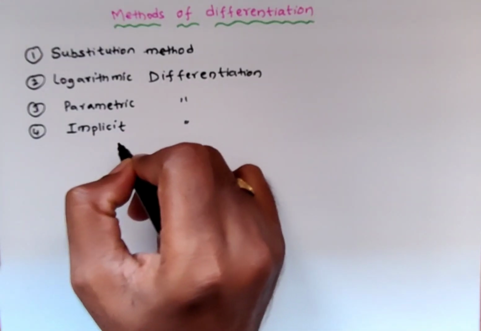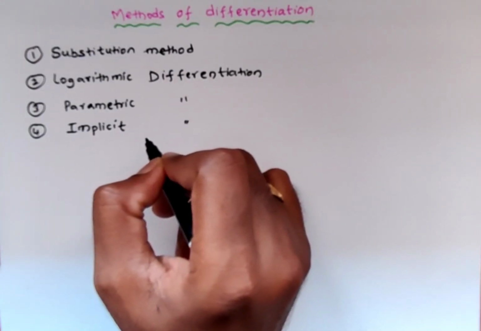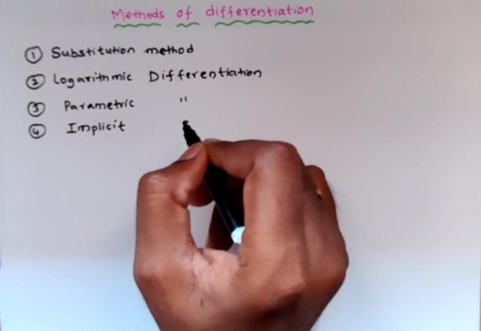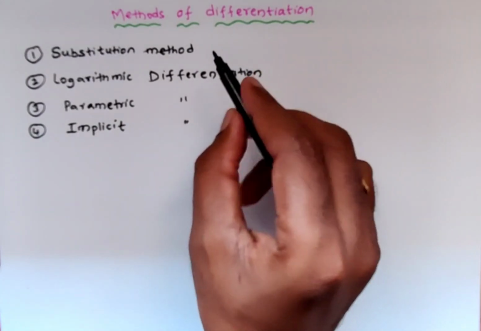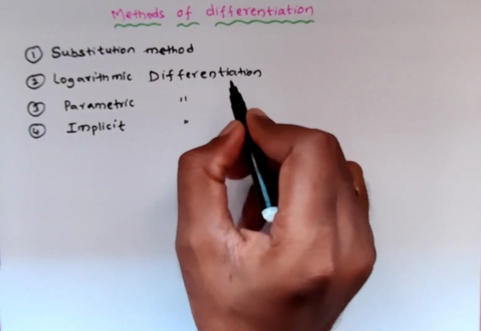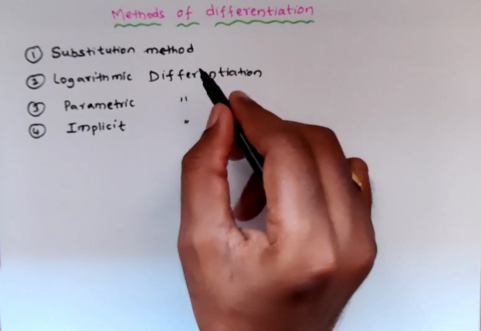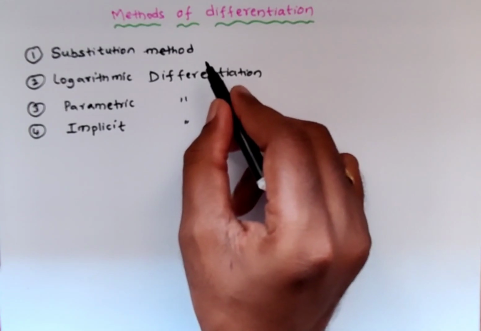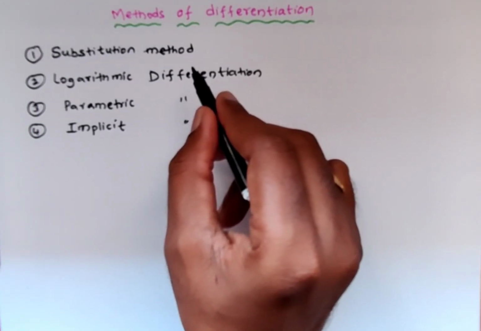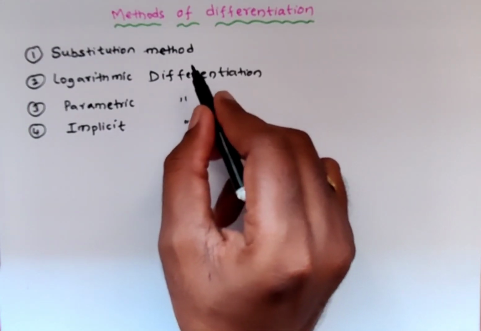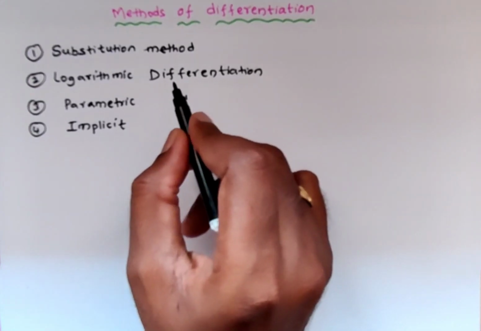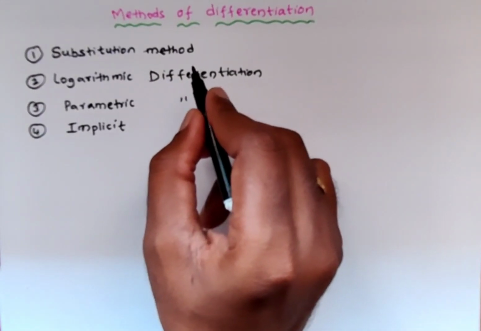And fourth one, implicit differentiation. So in this lecture, we'll discuss substitution method and logarithmic differentiation. So by using these two methods, we need to find or evaluate the derivatives of such functions. So number one, substitution method.